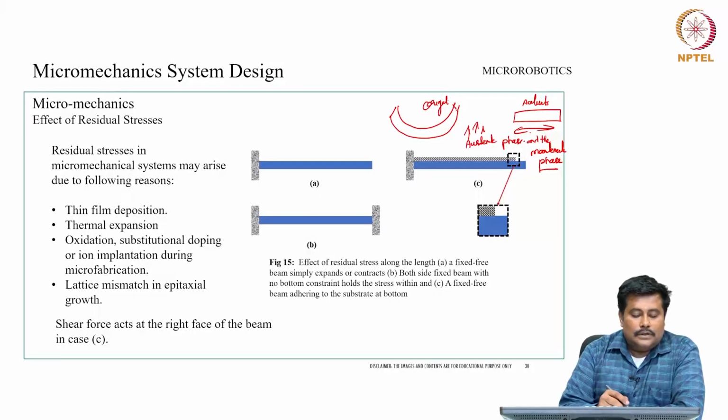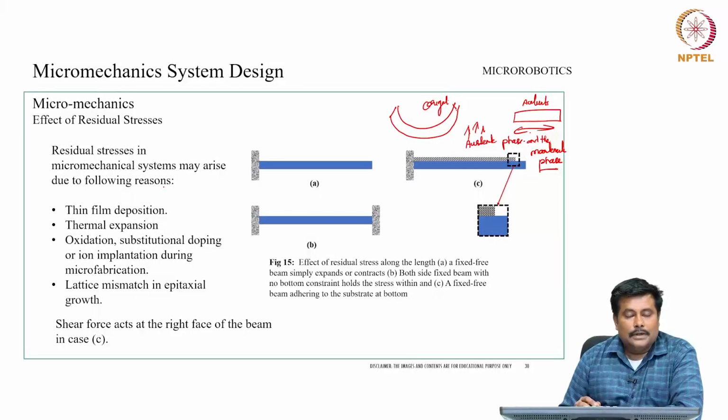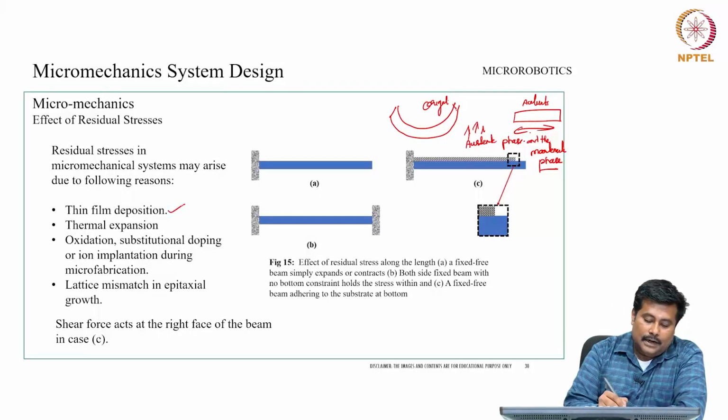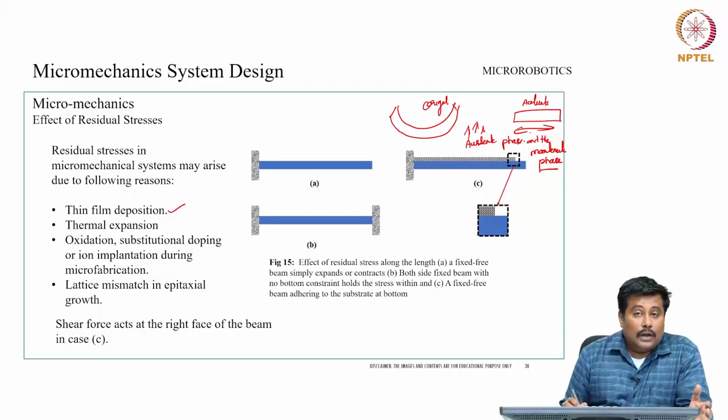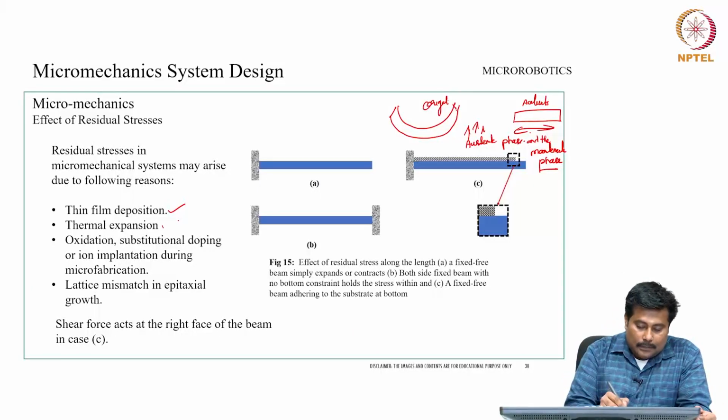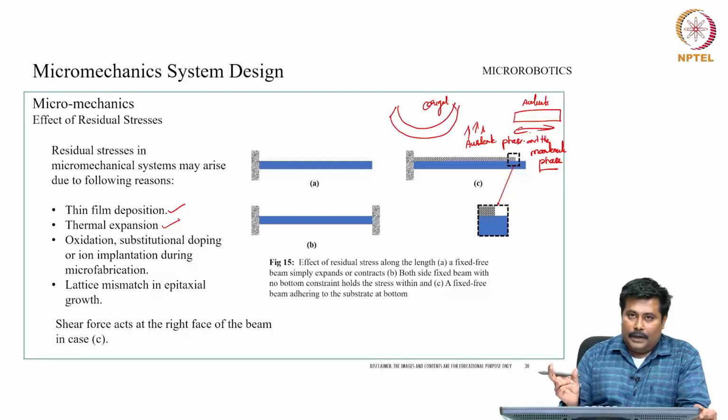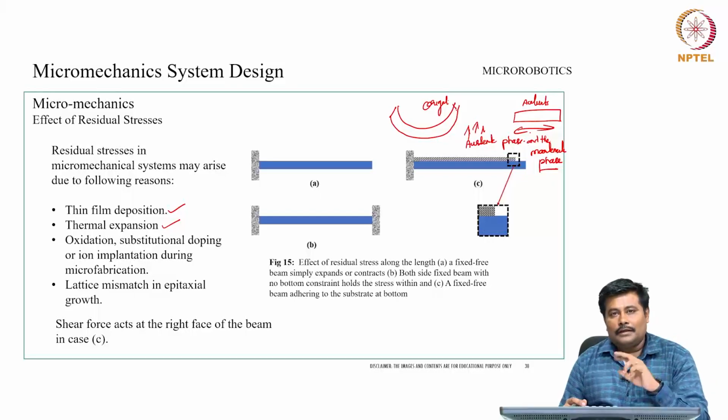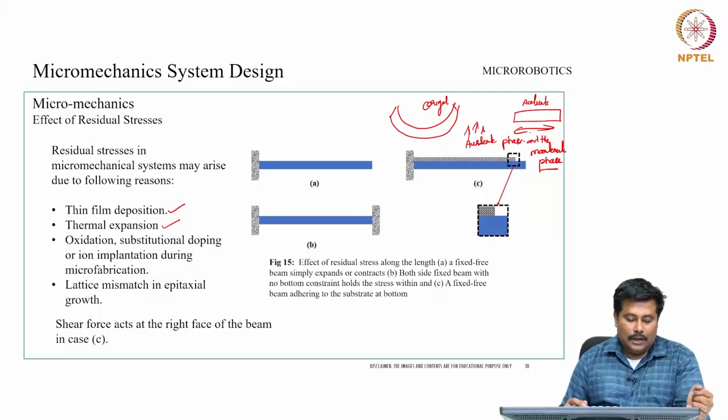These residual stresses in micromechanical systems may arise due to the following reasons. One is, as I mentioned earlier, thin film deposition. In certain cases, it might be due to thermal expansion of the material. In our case, it is a heterogeneous material, so of course there will be varying thermal expansion.